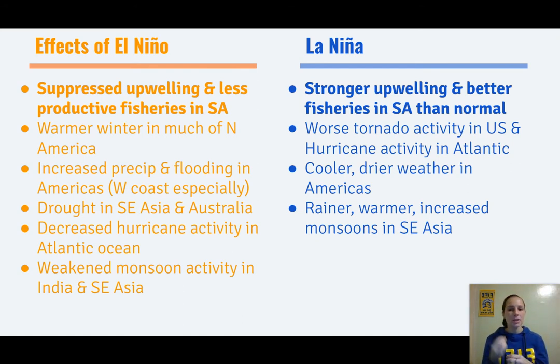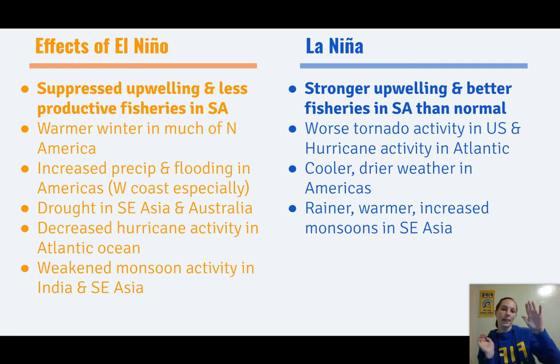It's also going to lead to droughts in Southeast Asia and Australia. And this is going to lead to decreased hurricane activity in the Atlantic Ocean and weakened monsoon activity in India and Southeast Asia. And monsoon is where we get so much rain that it's like flooding. So it's pretty intense and not always so great. So that's what we're going to see in an El Nino.